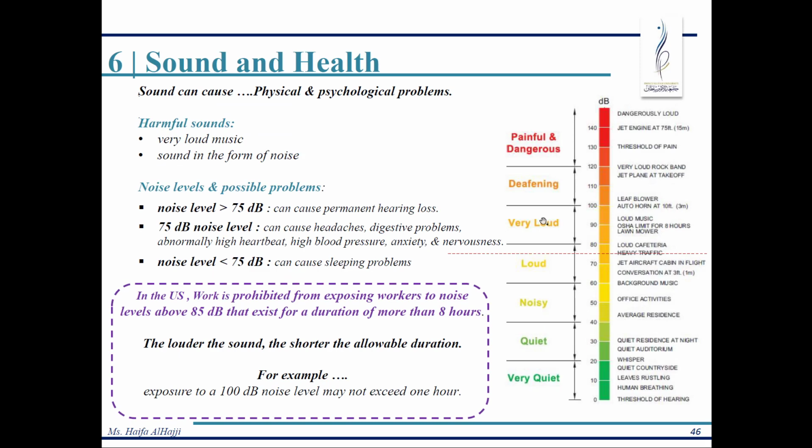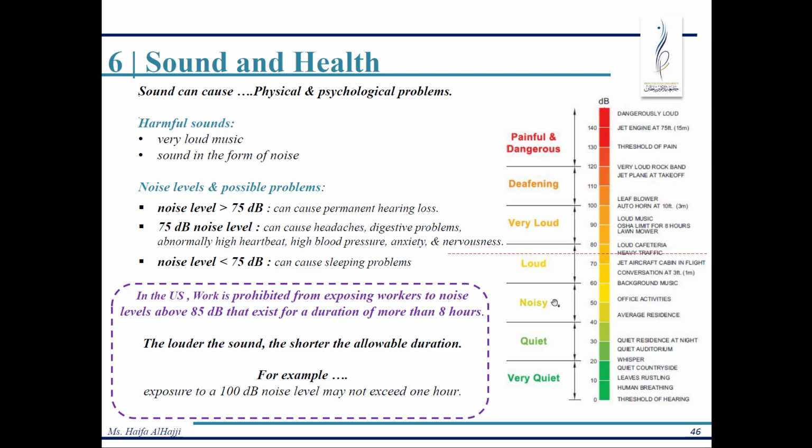Now, as it goes to sound and health, as we mentioned earlier on the decibel scale in here, there's a limit to what we can endure in loudness. This is the threshold of hearing, 0. Then we can go up. The further up we go, the more noisy it can be.